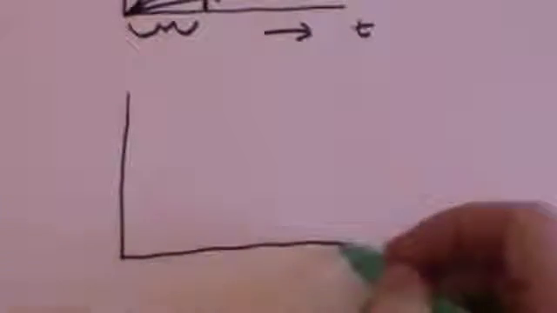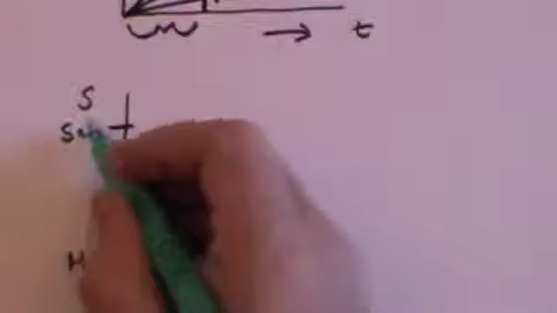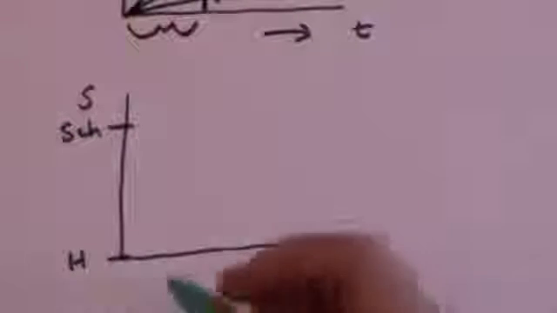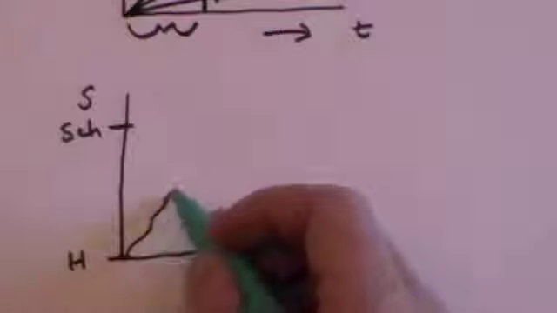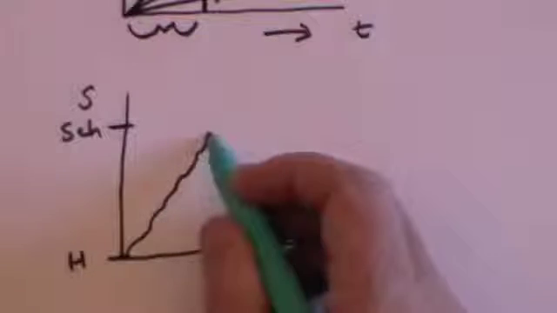But of course I could draw a different distance time chart showing your journey from home to school. If this is home and this is your school, then your journey in the morning might look something like this, because you change your speed as you're going along, I dare say.